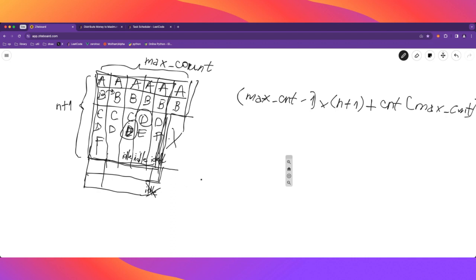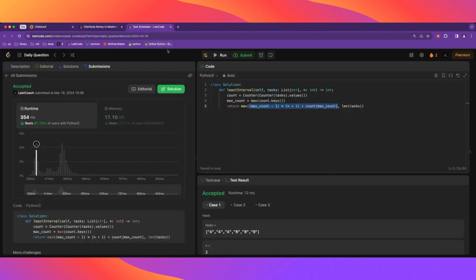In that case, since we don't have any idle time, the answer is the number of tasks. And this is the proof of why, by doing this assignment, we can always achieve the lower bounds. And so we don't need to simulate anything.